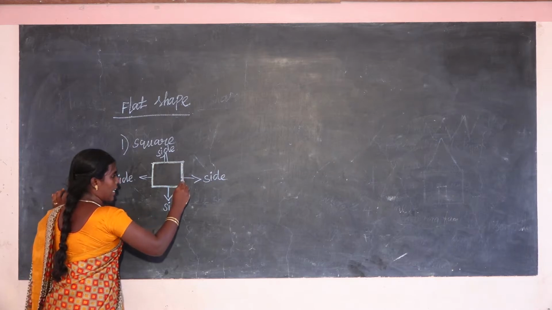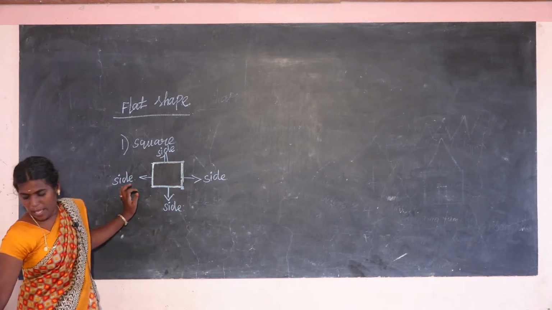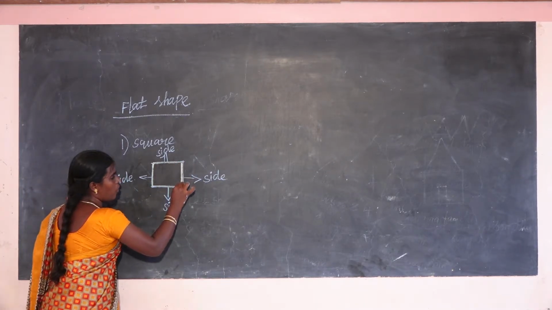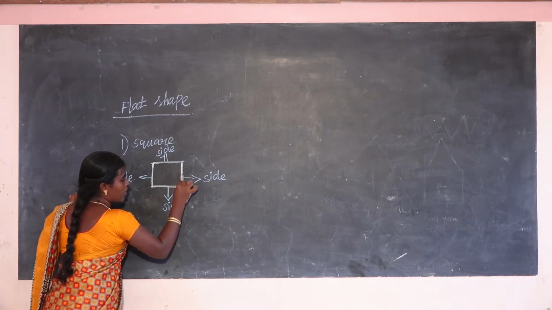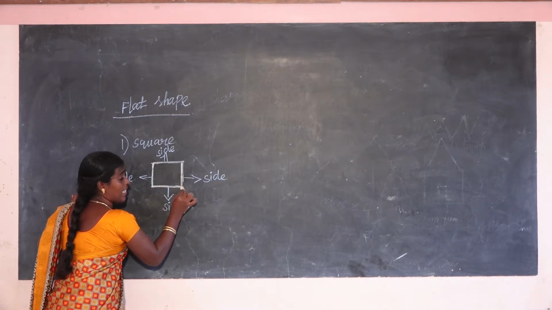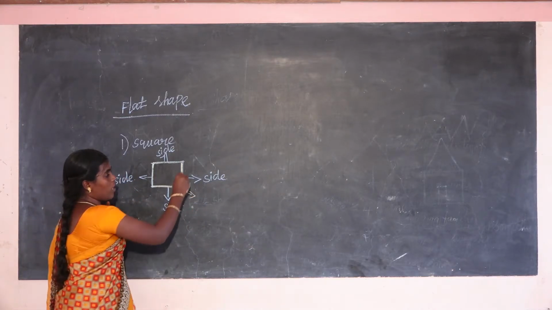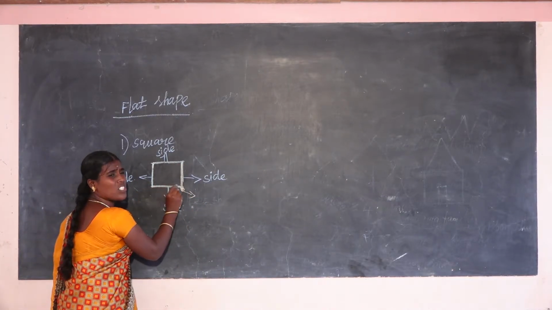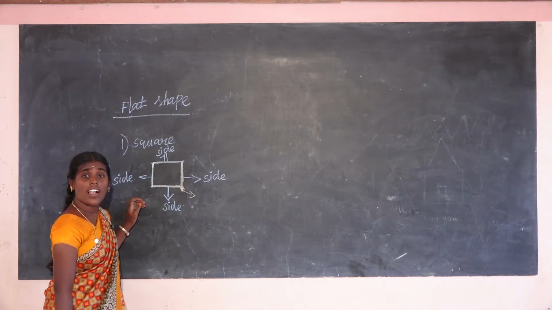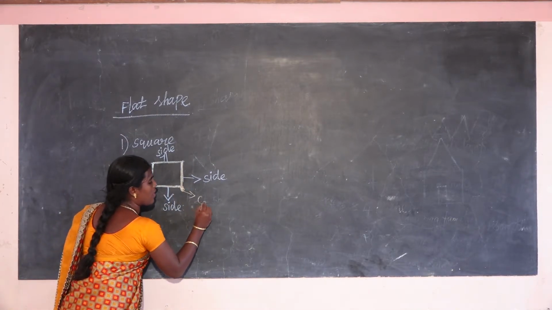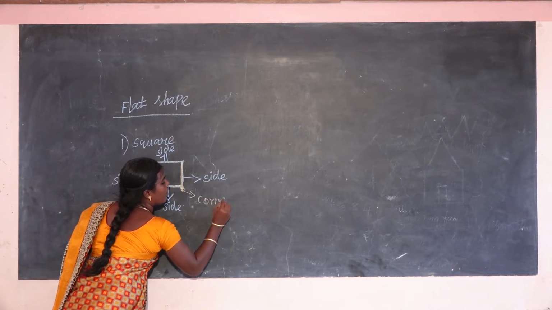Where the lines join at one place is called a corner. The place where two lines join is called a corner.